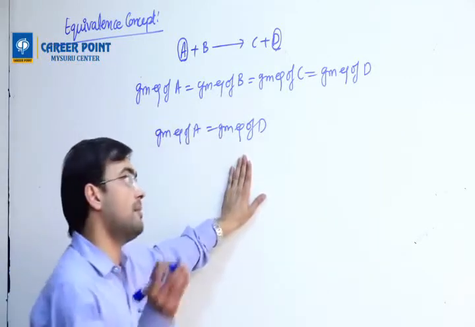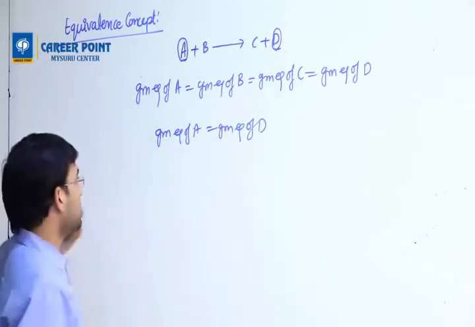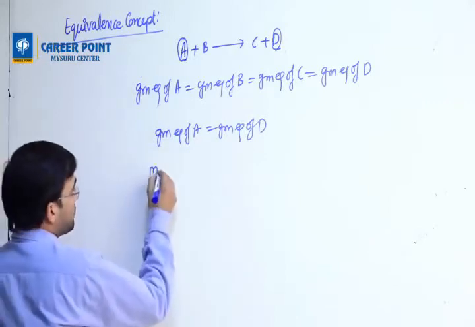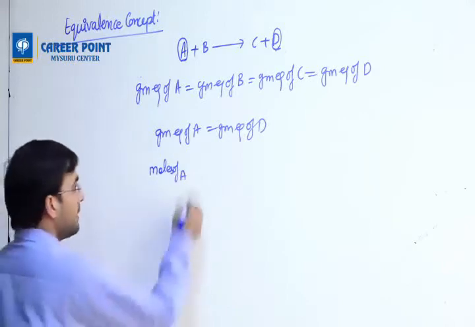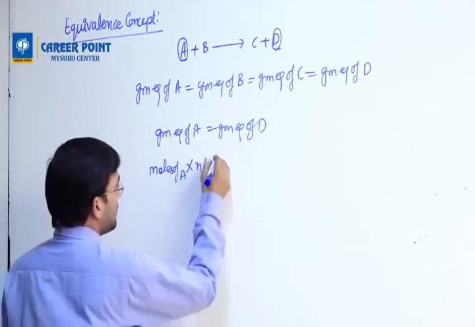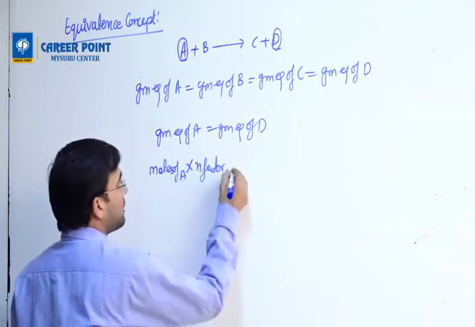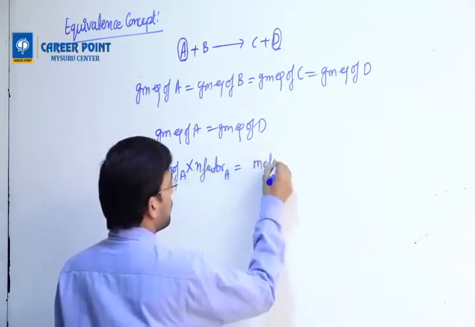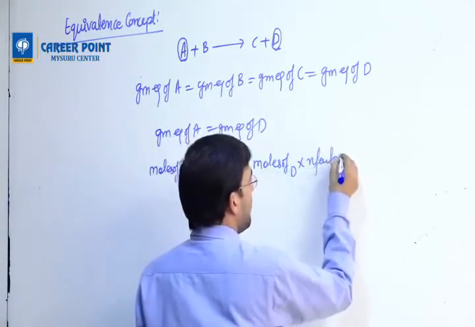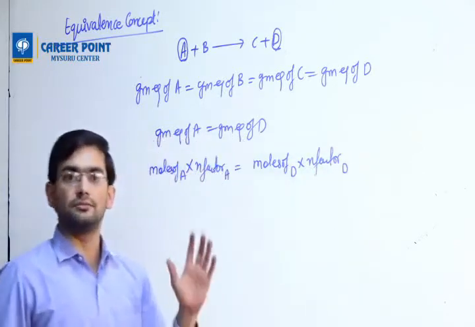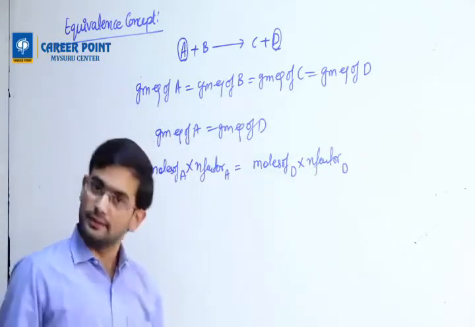And gram equivalent, as I taught you, is moles of A into n factor of A equals moles of D into n factor of D.